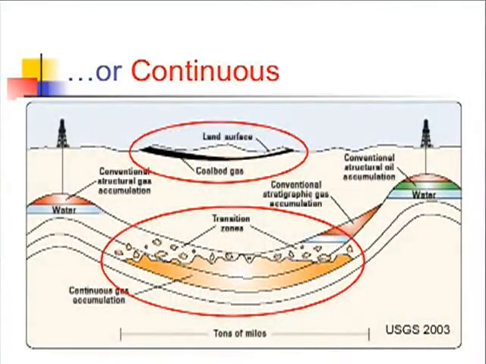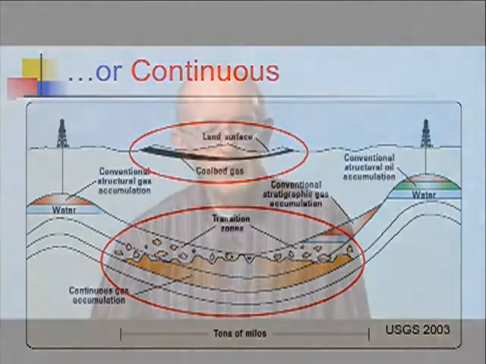The other classification that the USGS used is that of a continuous accumulation. Now, there are two examples on this slide. First, I want to note the scale here. It's obviously qualitative, but we're talking about tens of miles. We show a continuous gas accumulation in the lower part of the slide covering many tens of miles.